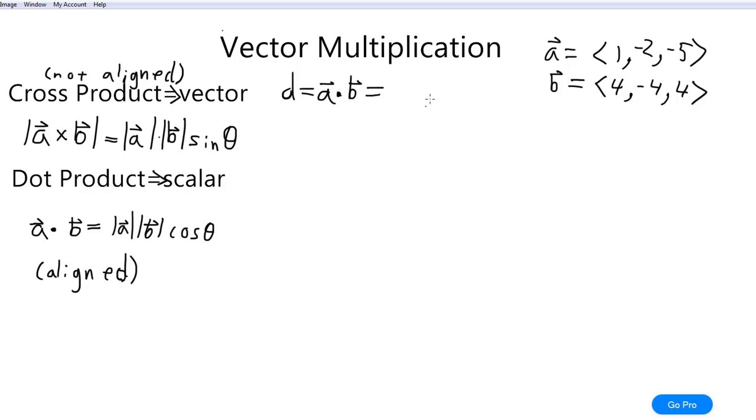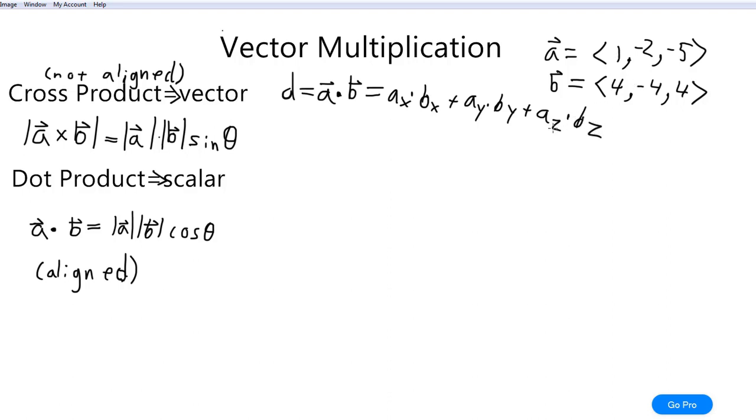The dot product is just you multiply the x components, the y components, the z components, and so on. You multiply the components together, and then you add all those together. So this is going to be ax times bx, plus ay times by, plus az times bz.